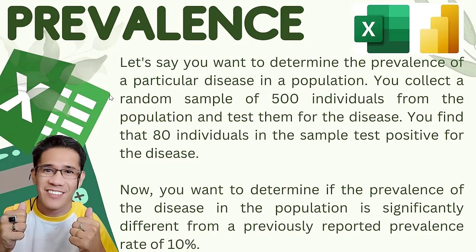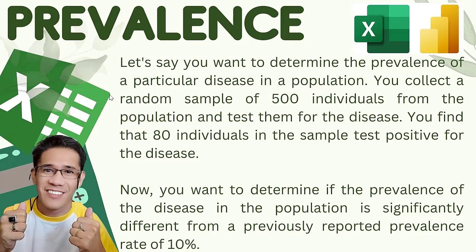Let's say you went to Batangas City and you want to conduct a prevalence study about individuals that were diagnosed with positive COVID-19. Now, you want to determine if the prevalence of the disease in that area is significantly different from a previously reported prevalence rate of 10%.